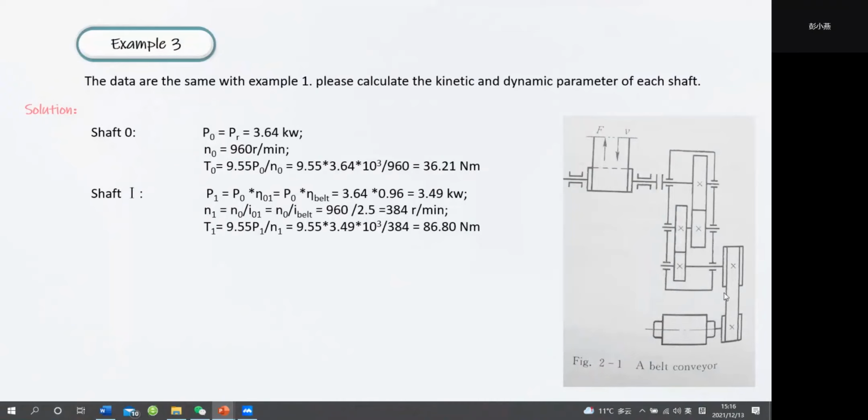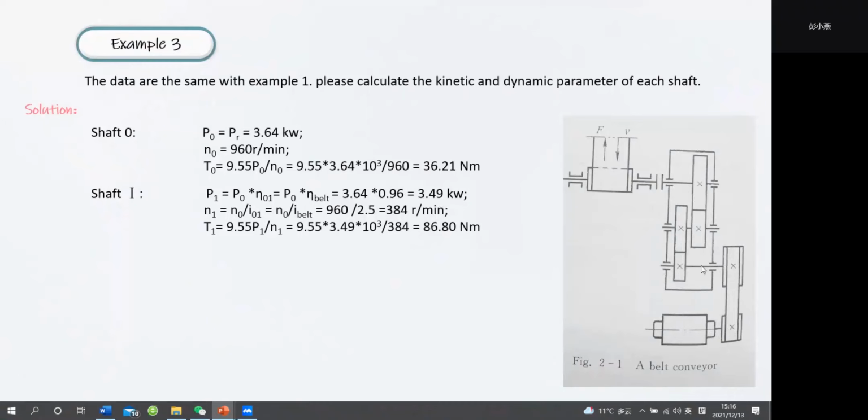The efficiency of the belt is 0.96. Usually we choose the efficiency of the belt as 0.95, and then we calculate the input power for shaft 1, which is 3.49.